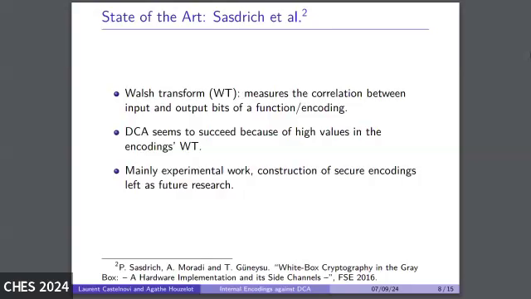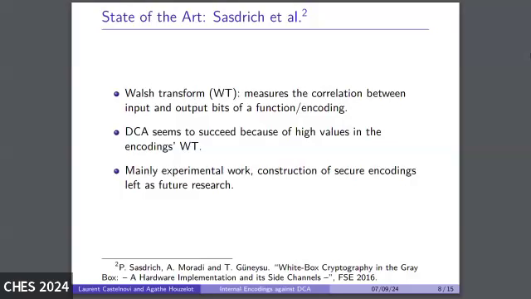In that paper, the authors made several experiments, and they showed that the success of DCA seems to be related to high values in the encoding's Walsh transform. I won't explain in detail here what the Walsh transform is, and I won't give the formula since it is not needed, but just know that it is a tool that allows you to measure the correlation between input and output bits of a function.